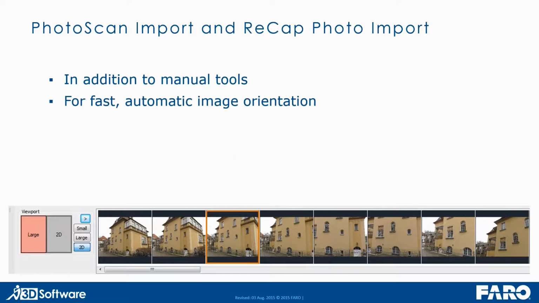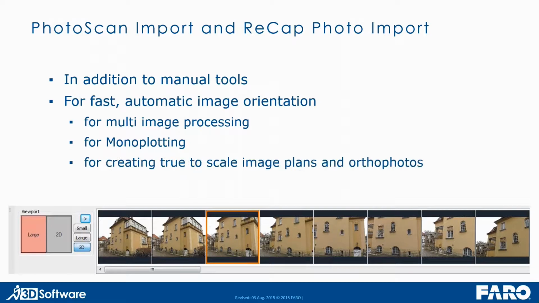And we have those imports to give you a way for fast automatic image orientation rather than going the manual way. Those oriented images are used for multiple image processing for photogrammetry, but also for so-called monoplotting, where you click on the photograph and get a 3D coordinate on top of the point cloud.